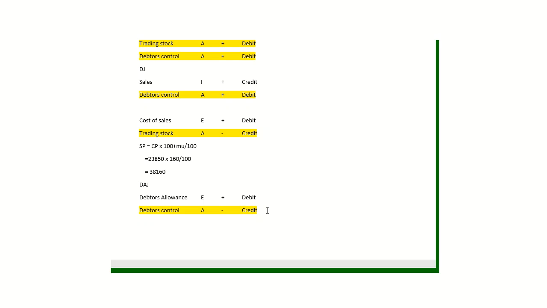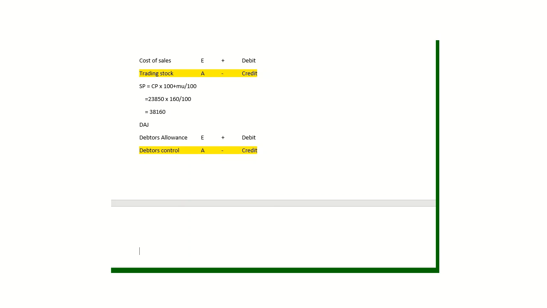But it's got a second part, which was cost of sales, the second column, and that we know by now always goes with trading stock. Cost of sales, we said it's an expense. Now we've got to basically reverse some of the expenses because we initially had to pay for the goods.